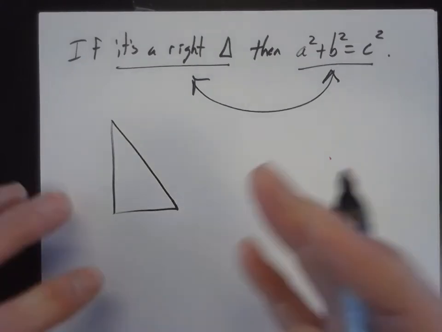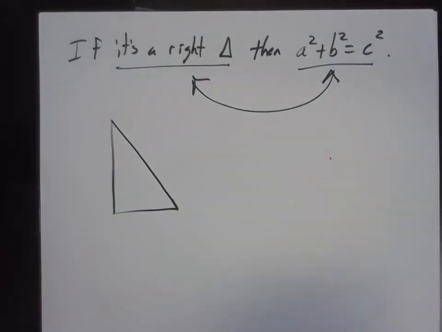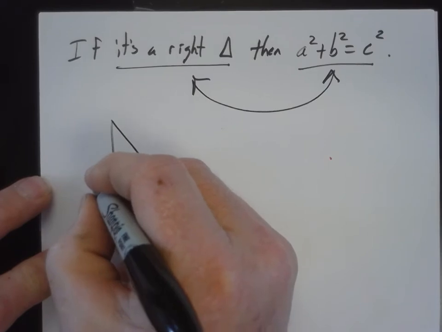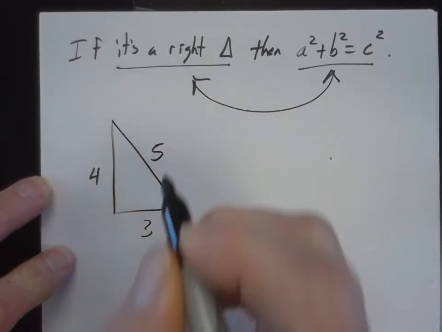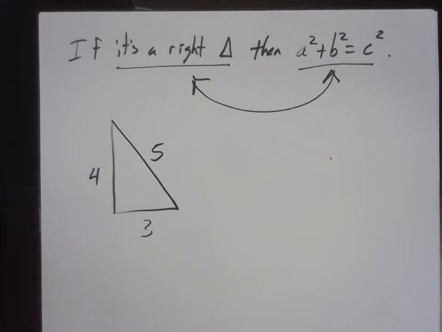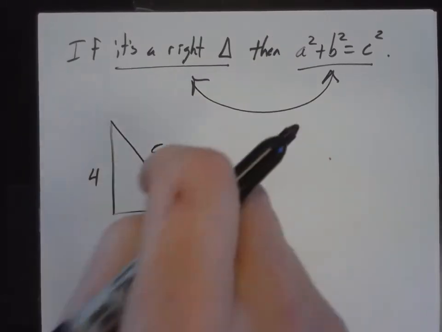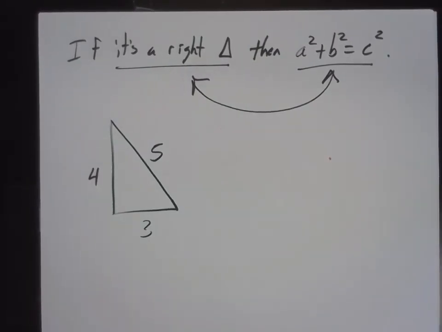So if I have a triangle and the sum of the squares of the two legs equals the square of the hypotenuse, what type of triangle does that have to be? Right. And I think, in honesty, I use the converse of the Pythagorean theorem more often than the actual Pythagorean theorem.